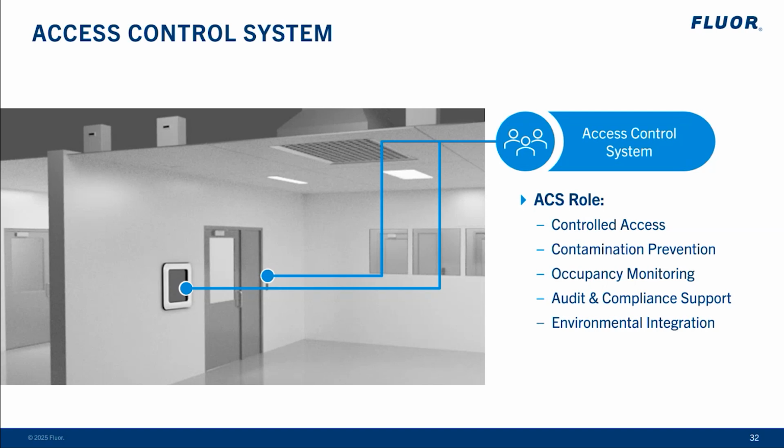By tracking who enters and exits the cleanroom, the system enables real-time adjustments to airflow. Additionally, ACS contributes to audit and compliance efforts by maintaining access logs and integrating with environmental systems. Its role in contamination prevention and data collection makes it a vital component of emission-based modeling strategies.